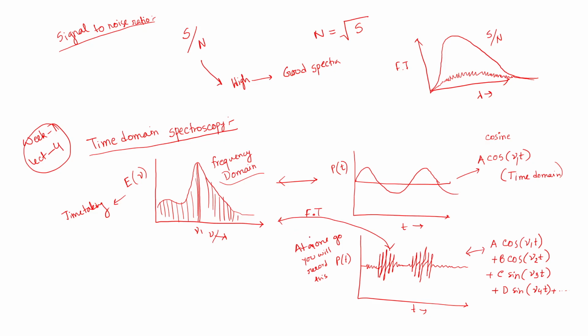This spectra in time domain is a summation of many frequencies and many waves. In one go you will record this, and after Fourier transformation you will get a spectra like this, which has all the signatures of nu 1, nu 2, nu 3, nu 4. I hope I am clear.